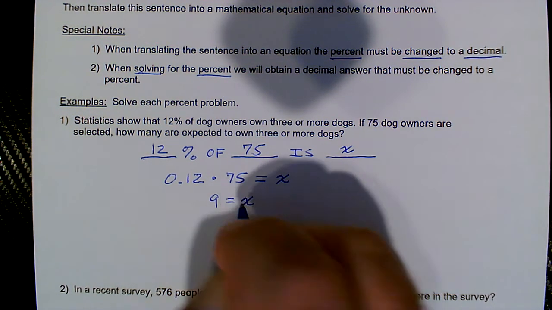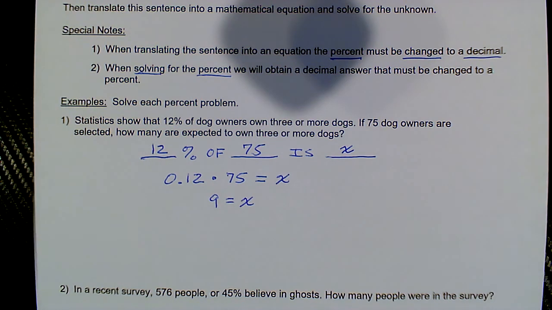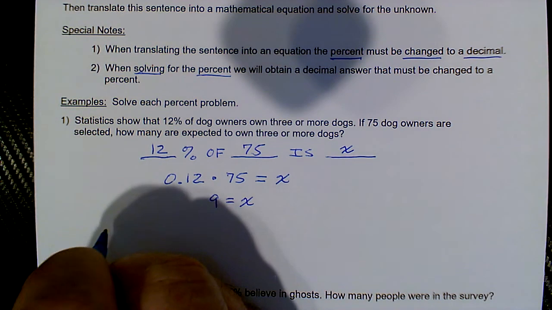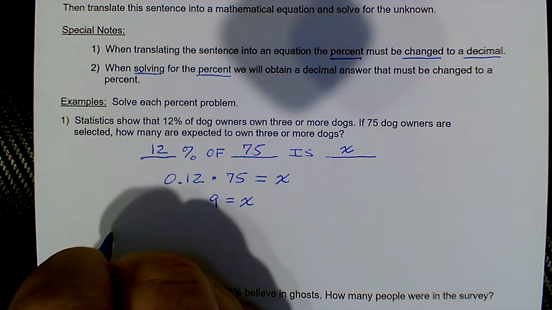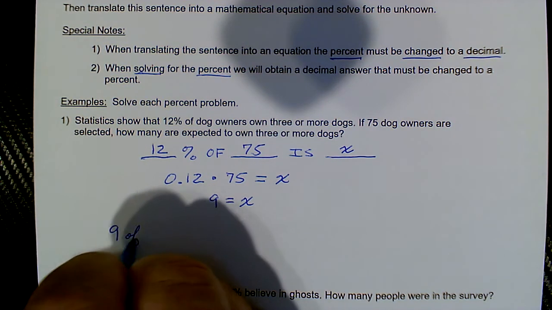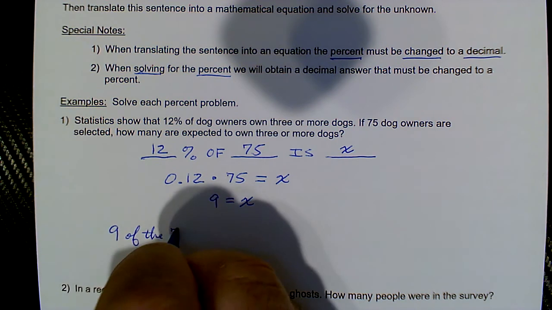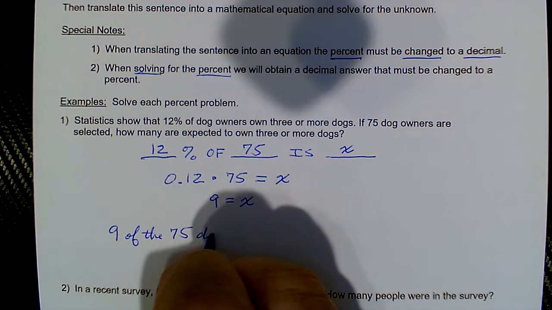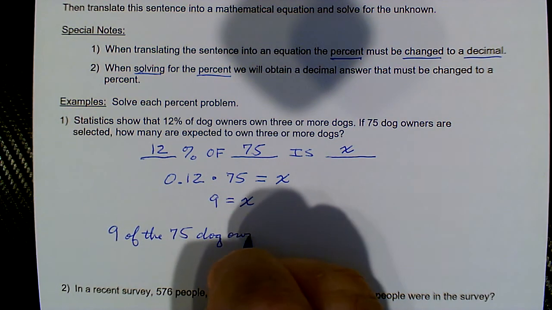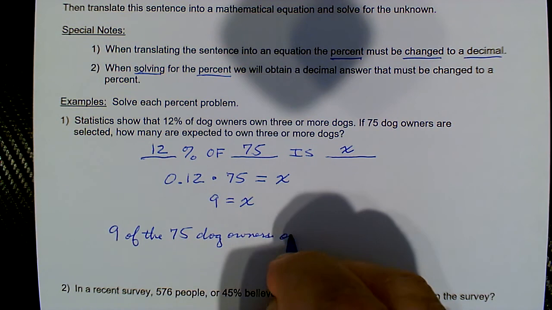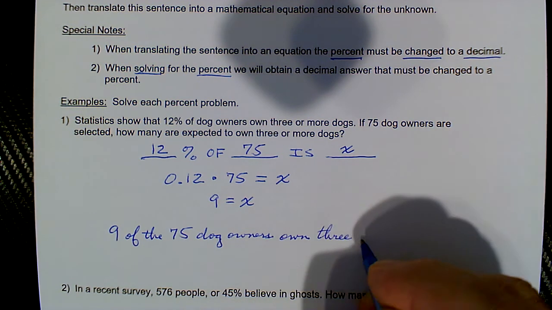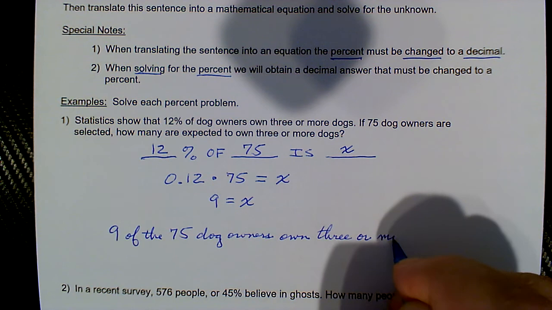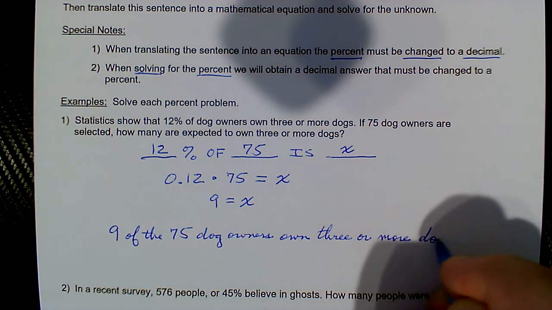And then formally, you should finish it up with a nice college-like sentence. We could say, for example, 9 of the 75 dog owners own 3 or more dogs.